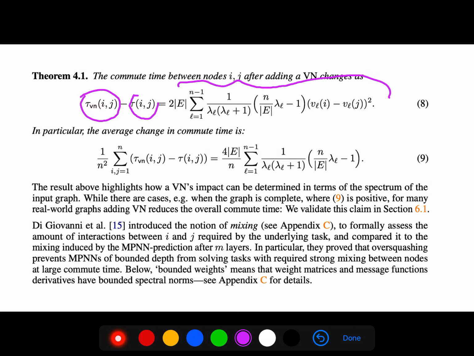The difference between their commute times shouldn't be too much, and it's only dependent on these variables, the distance between I and J, also the lambda sub L. In particular, if you take the average change in commute time, you get a better measure.